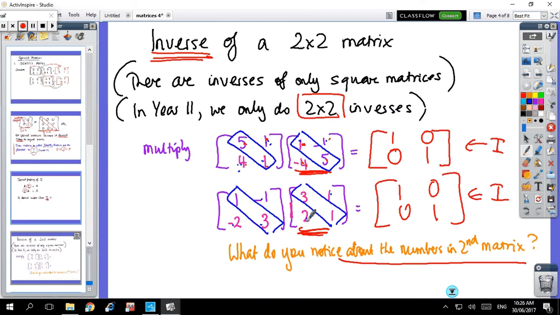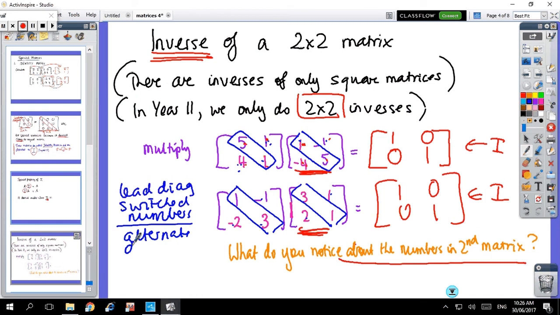So the pattern at the moment, because it's not really going to hold forever, is that in the leading diagonal, the numbers have switched, and in the other diagonal, called the alternate diagonal, the signs have changed.